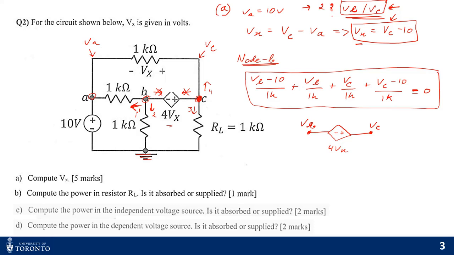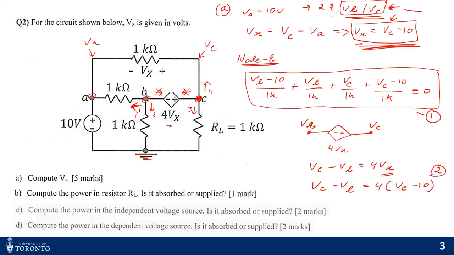So VC minus VB is equal to 4 Vx. And what is my Vx? Vx is VC minus 10. So VC minus VB equals 4 times (VC minus 10). So this is my first equation and this is my second equation.